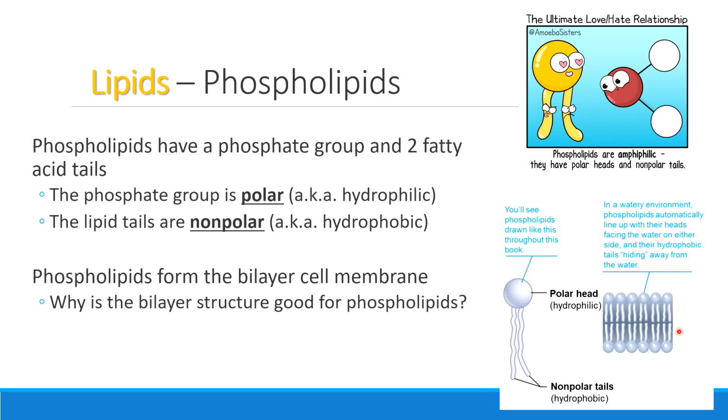By being together here in the middle, this is going to allow us to keep water out of our plasma membrane so that these tails, who don't like water, never have to bump into it, while the head groups on the very outside or the very inside, groups that do like water, will be in touch with the water that's inside the cell, called cytosol, or the water that's outside the cell, interstitial fluid.